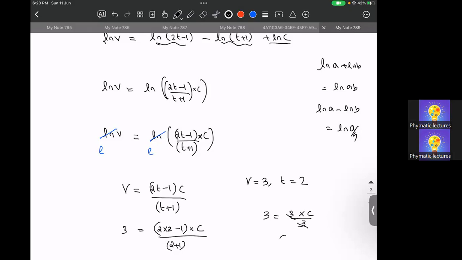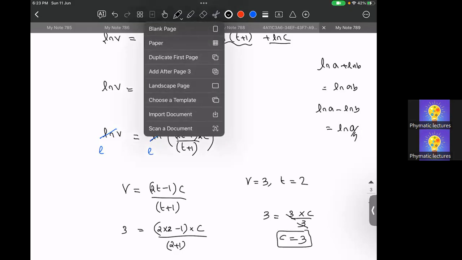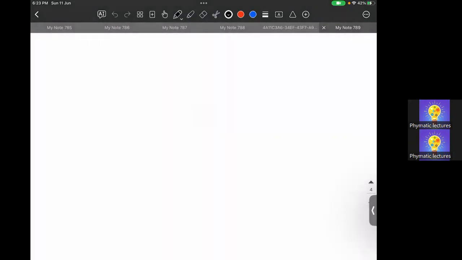So 3 got cancelled. The c value, that constant, we obtained as 3. Correct? Therefore, we got a beautiful equation, and hence we showed what we were asked to show. V is equal to 3 times (2t minus 1) by (t plus 1). Hence shown.